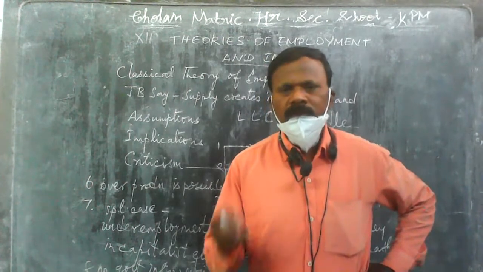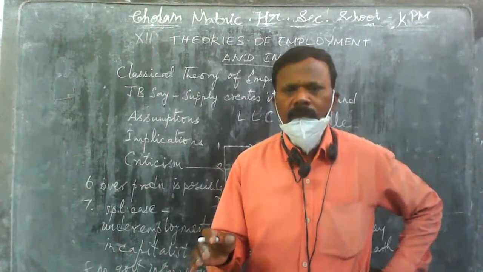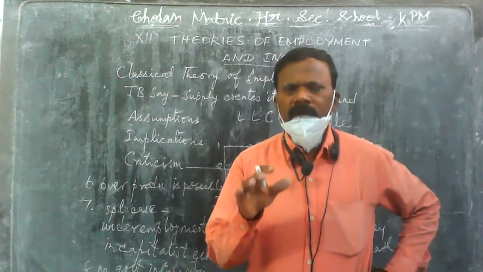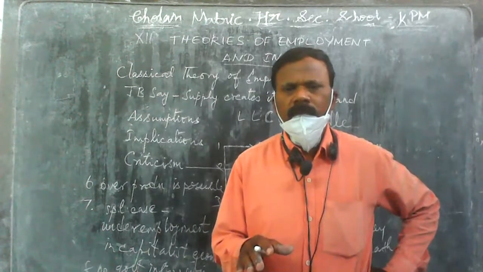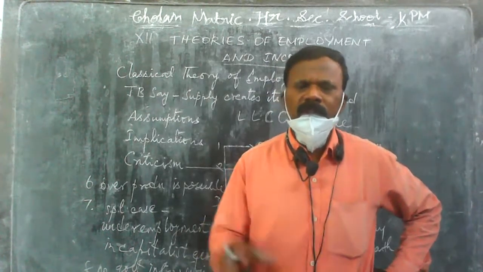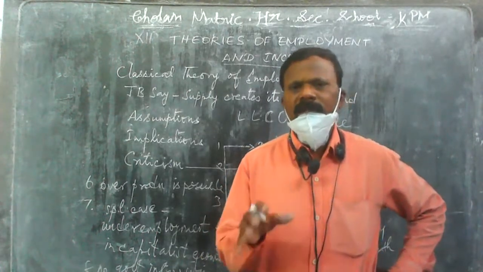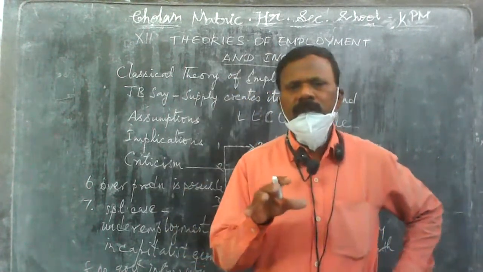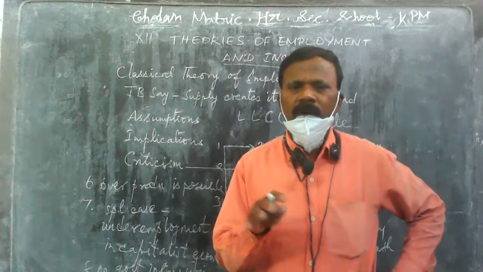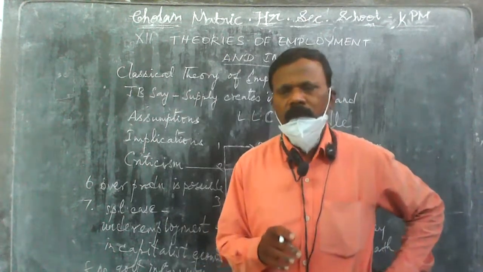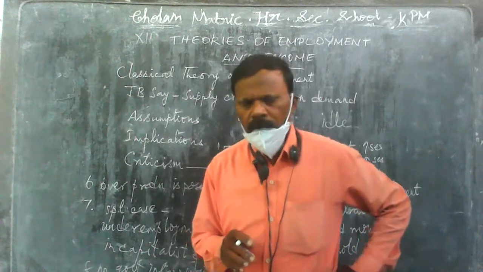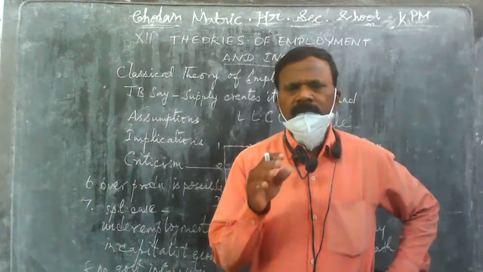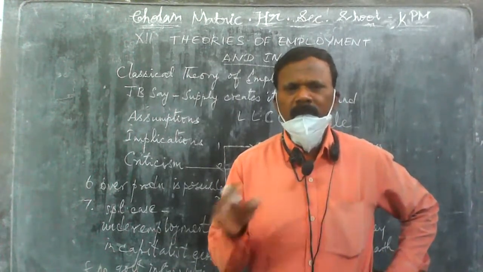Here, as far as James Keynes is concerned, overproduction is possible. Unemployment is also possible. So that is why he advocated all these points and attacked J.B. Say's law of market, and overall the classical theory of employment was criticized by J.M. Keynes. J.M. Keynes wrote the book The General Theory of Employment, Interest and Money in 1936.